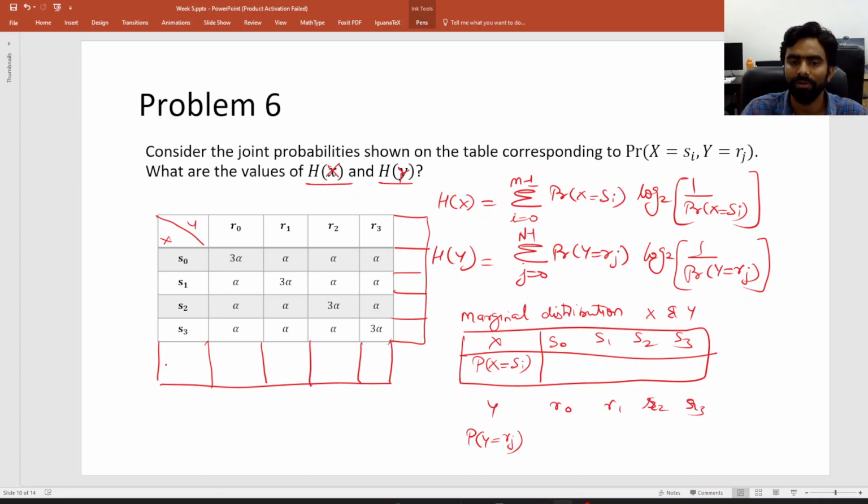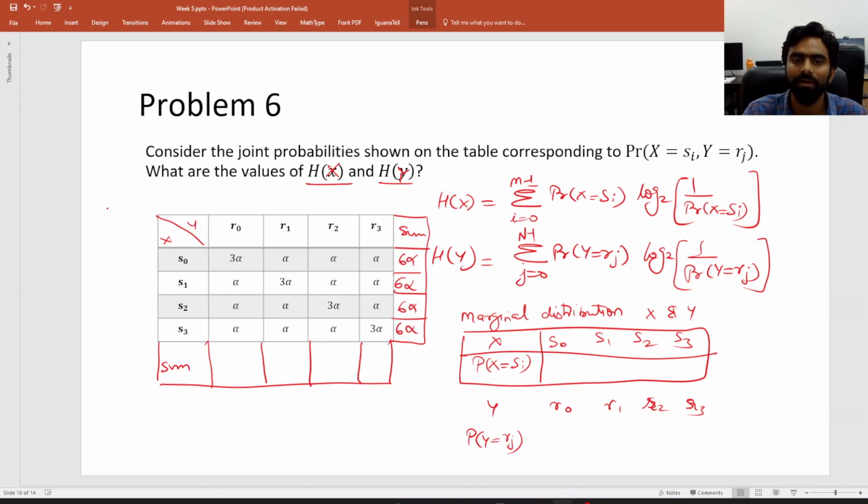So directly you can calculate the sum. For S0, the sum will be 3 alpha and 3 alpha, that is 6 alpha. Here also 6 alpha. Here 2 alpha, 3 alpha, 5 alpha, 6 alpha, and here also 6 alpha.